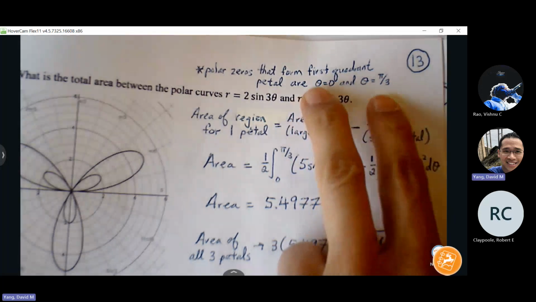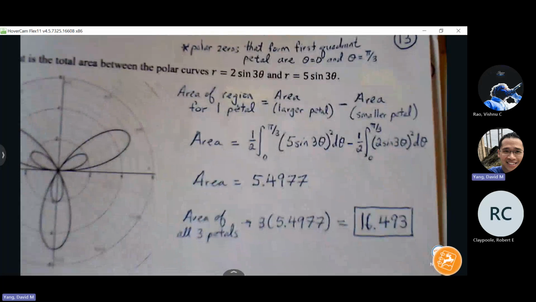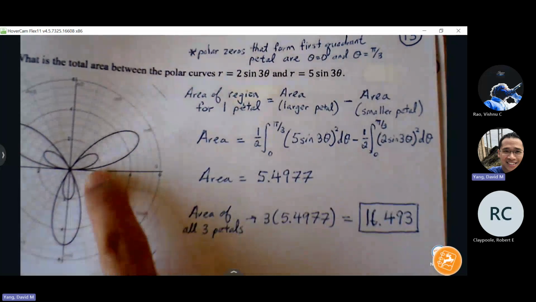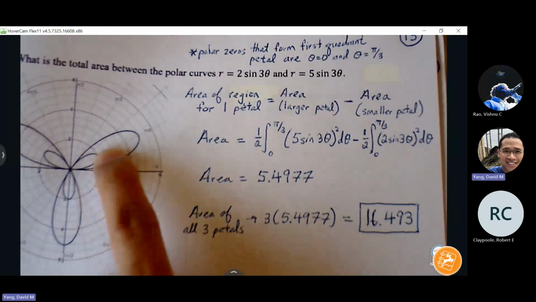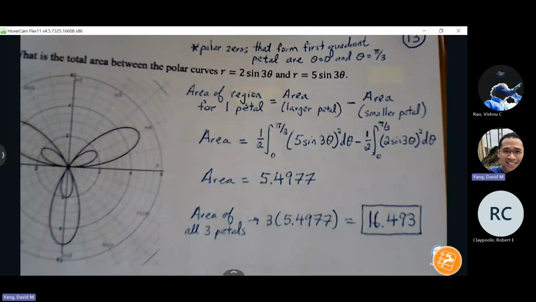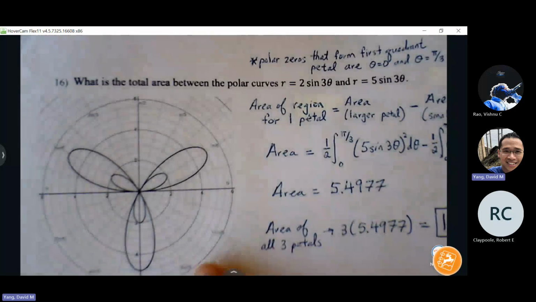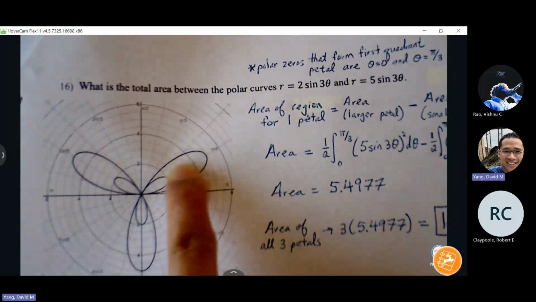So we know our interval is from 0 to pi over 3, and the idea is that if we find the area of the large petal and then subtract the area of the smaller inner petal, what's left is the region between the two petals.